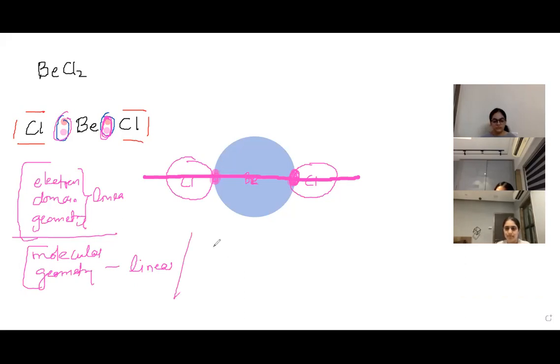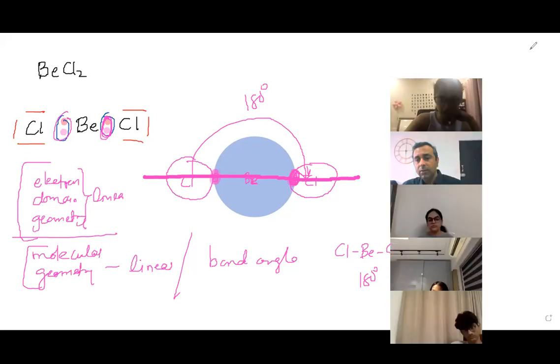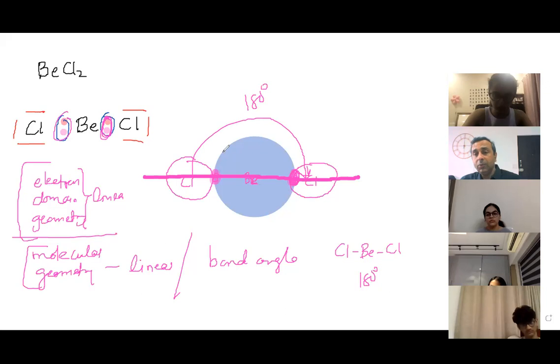The next thing you need to decide is the bond angle, the bond angle of Cl, Be, Cl. As you can see here, it is 180 degrees because it's linear. So that's how I decide the shape of the molecule.